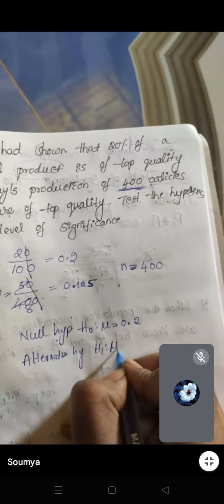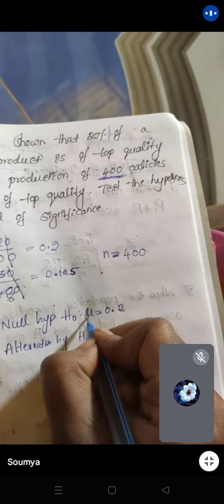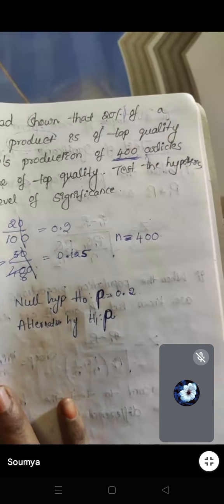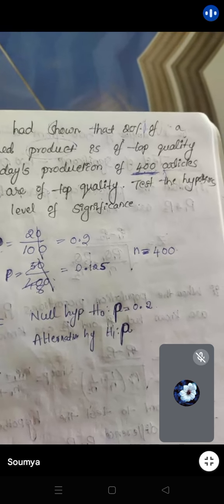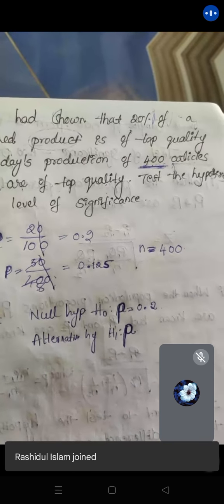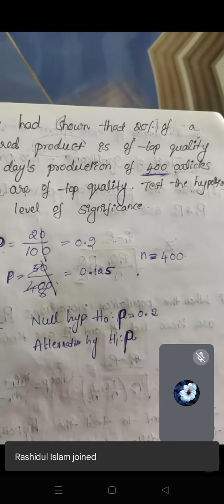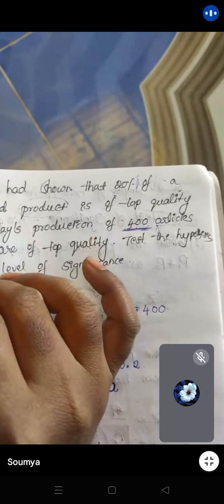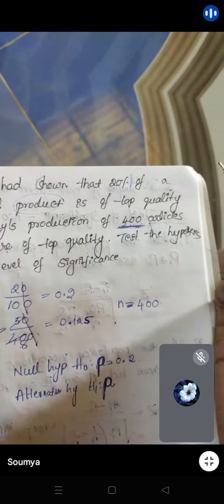Sorry, it is proportion, right? So you have to take proportion. Now the question is how you will take the alternative hypothesis. Experience had shown 20% of the manufactured product is of top quality.